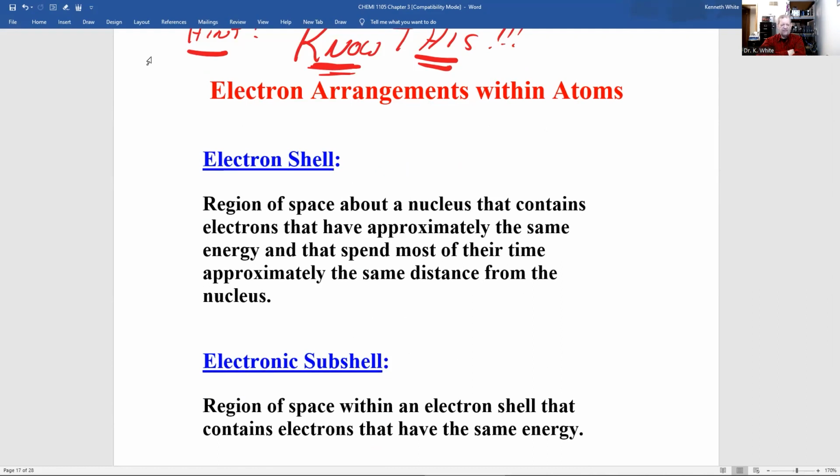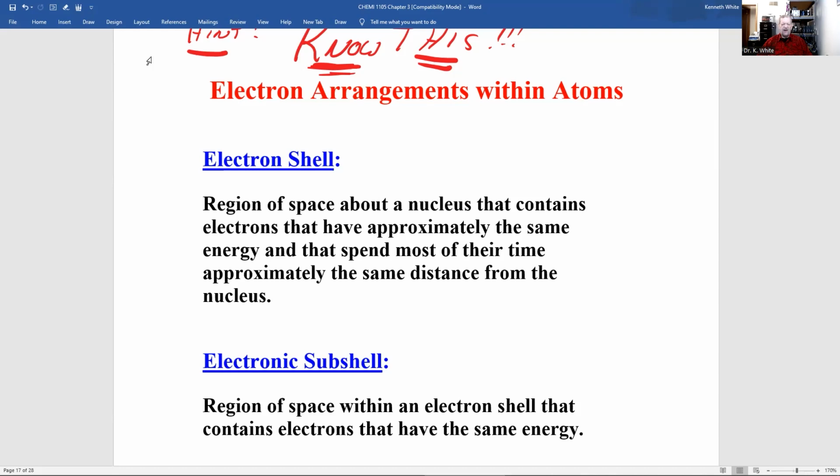An electron shell, and you should know this, is the region of space about the nucleus that contains electrons that have approximately the same energy and spend most of their time approximately the same distance from the nucleus.